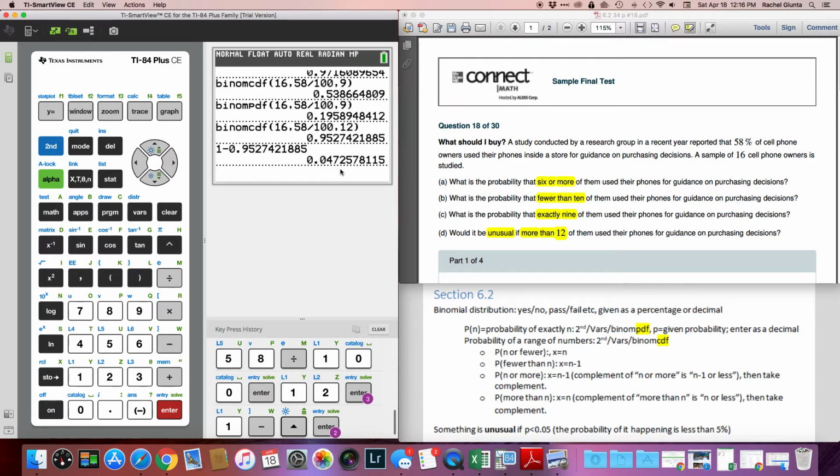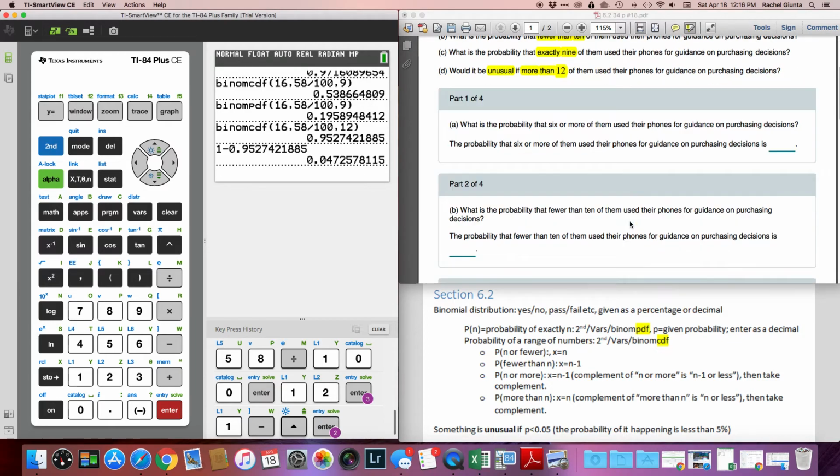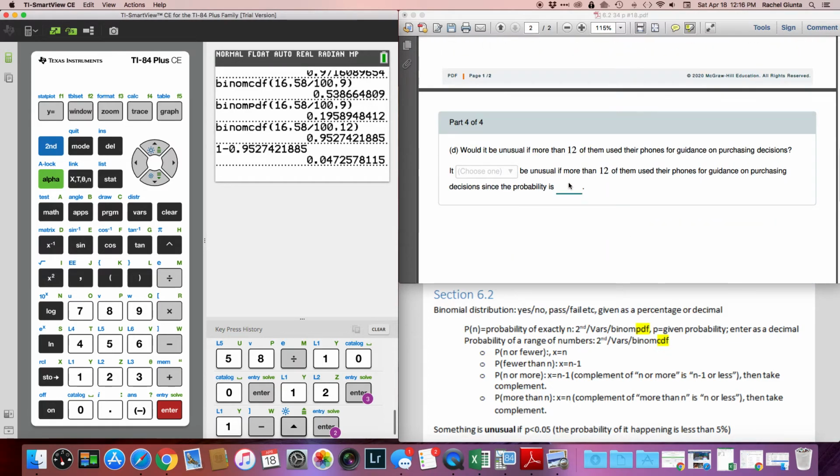If it's lower than 0.05, then that is unusual. And so they also want the probability for this one. So you're going to enter the 0.0473 for your probability. And because the probability is less than 0.05, then it would be unusual.